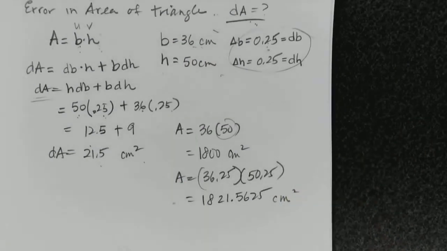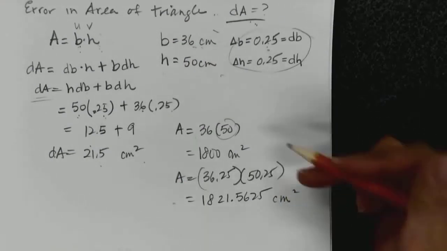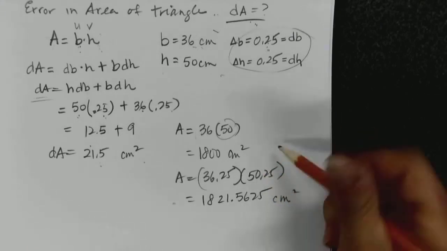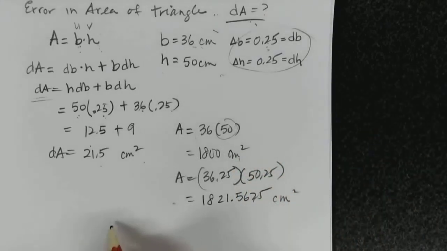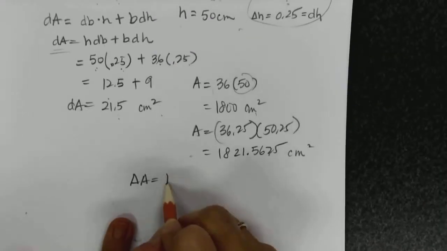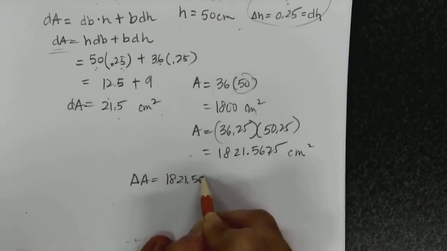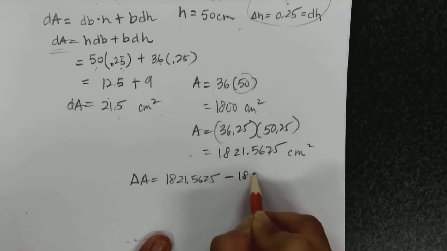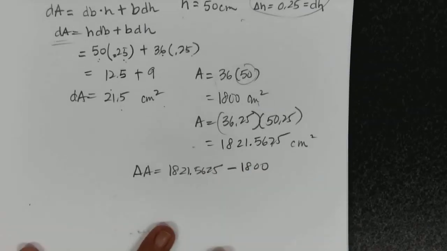If I was off by that much. So the difference between these two, right? It would be, so change in A would be then 1821.5625 minus 1800, right?